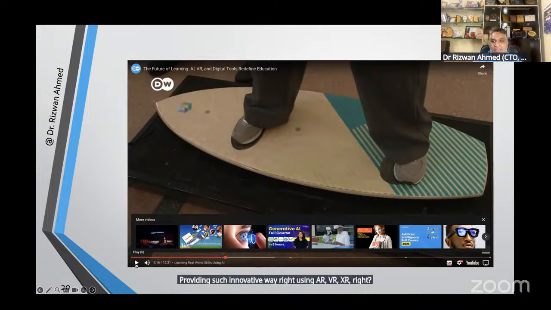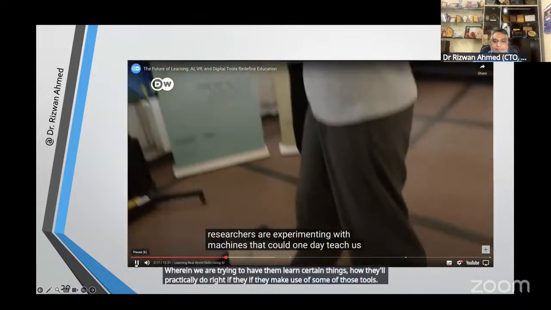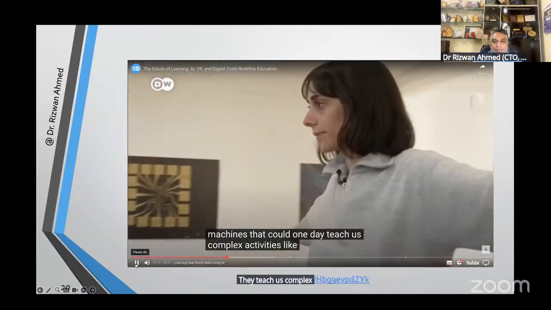And the same thing could be applied in education, depending upon what we are helping them learn. And that is where we are seeing more immersive use of technology coming into play, wherein we are trying to have them learn certain things, how they will practically do if they make use of some of those tools. They teach us complex activities like surfing.